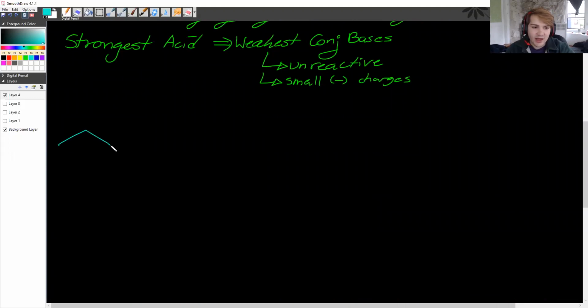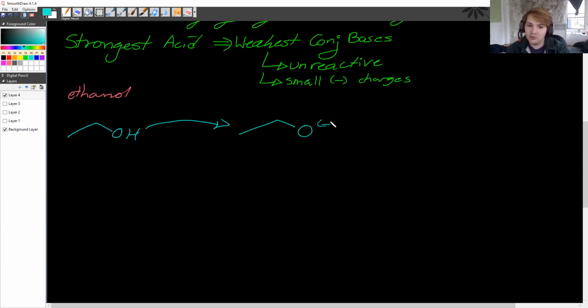Let's say that you have this molecule, which is ethanol, which we should all be familiar with because we're all nasty college kids who get drunk all the time. And let's say, for instance, that you're donating off this hydrogen to somewhere. We don't really care. And what you're left with is this leftover group.